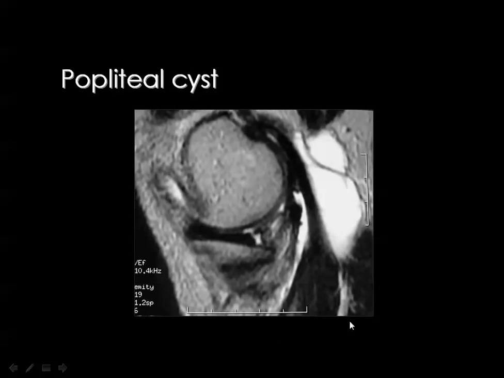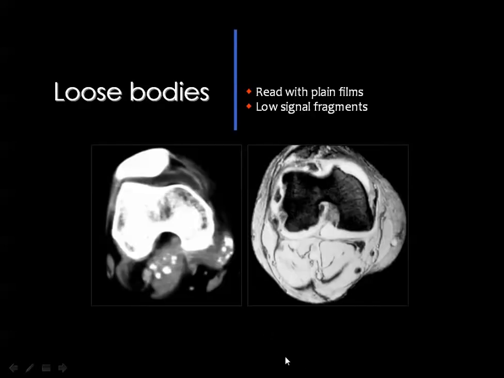This is also a popliteal cyst showing internal septation in a case of post-traumatic vertical tear of the posterior horn of the medial meniscus.